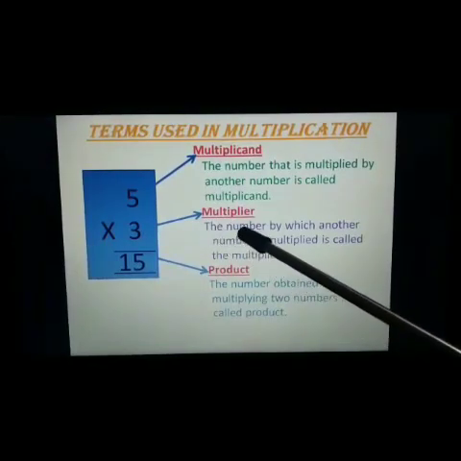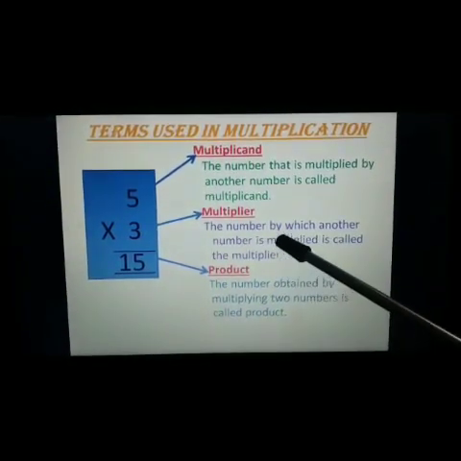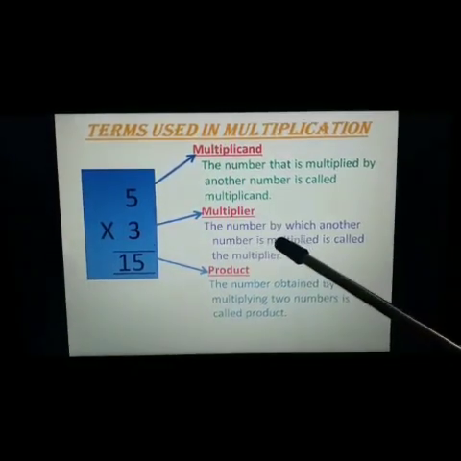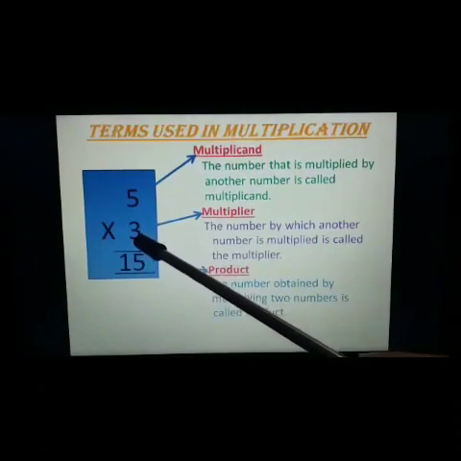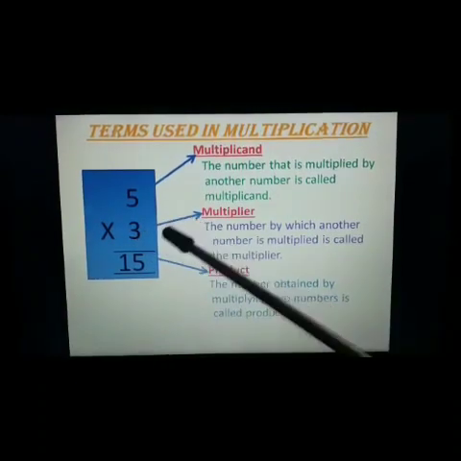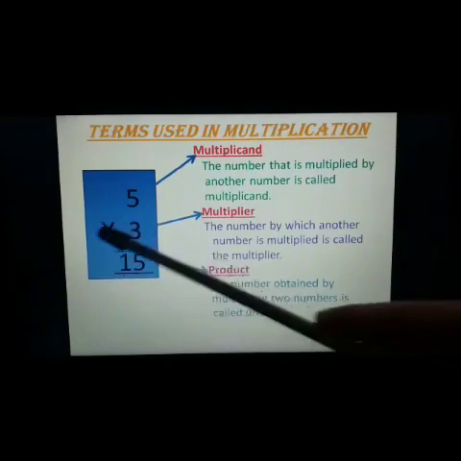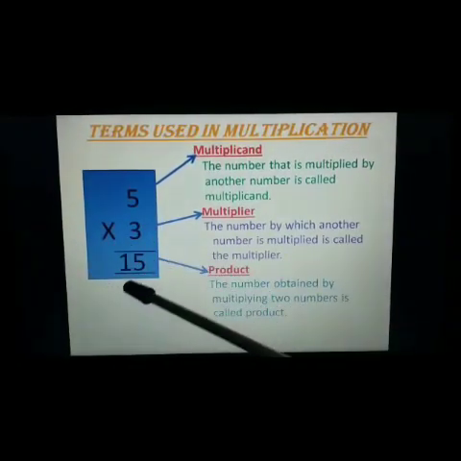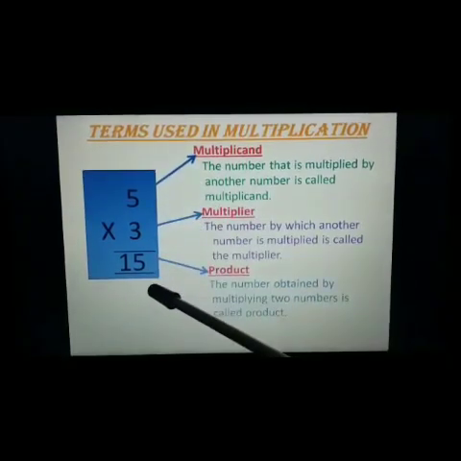And the number by which another number is multiplied is called multiplier. यानी जिस नंबर से हम मल्टीप्लाई कर रहे हैं उसे हम मल्टीप्लायर कहते हैं. And the number obtained by multiplying two numbers is called product, or the result of multiplication is called the product. जो आंसर हमको मिलता है मल्टीप्लाई करने के बाद that is called product.